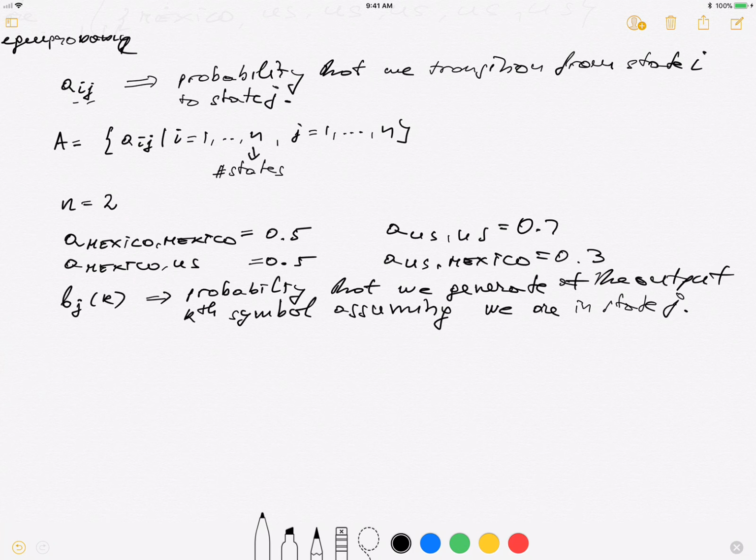So we can immediately form what bj of k are in our case. What are the output symbols? Okay, I can introduce a set of m output symbols.